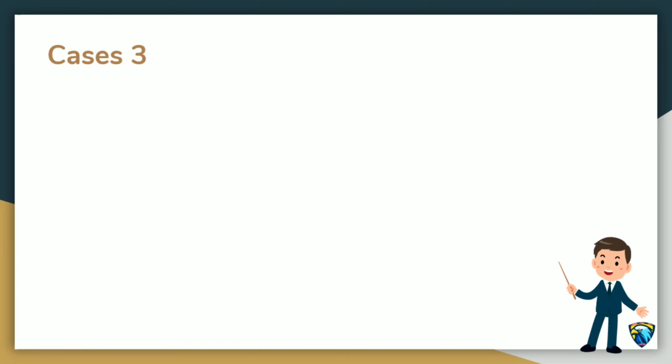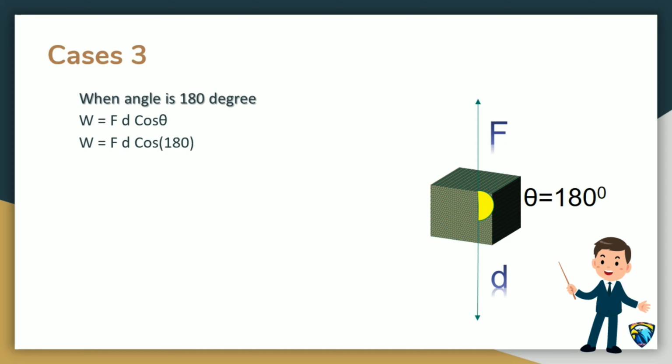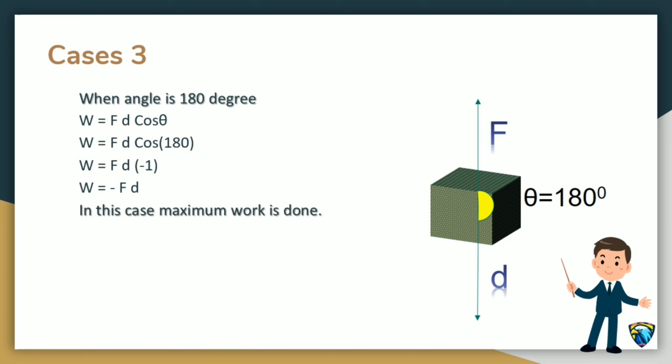Case number 3. When the angle is 180 degree. For this, the formula for work done is Fd cos theta. Put the angle. As we know, cos 180 equals to minus 1. In this case, the work is maximum but in opposite direction.